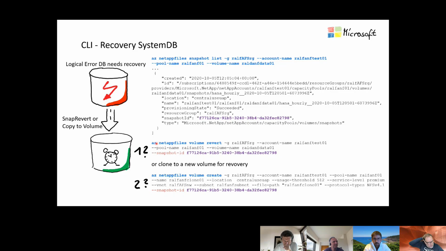So for example, if you have any issues which later on you would like to recover or restore, or even get to know what was wrong, you still keep the old volume available, and you mount a new volume with this option. So you create a new volume out of the snapshot.